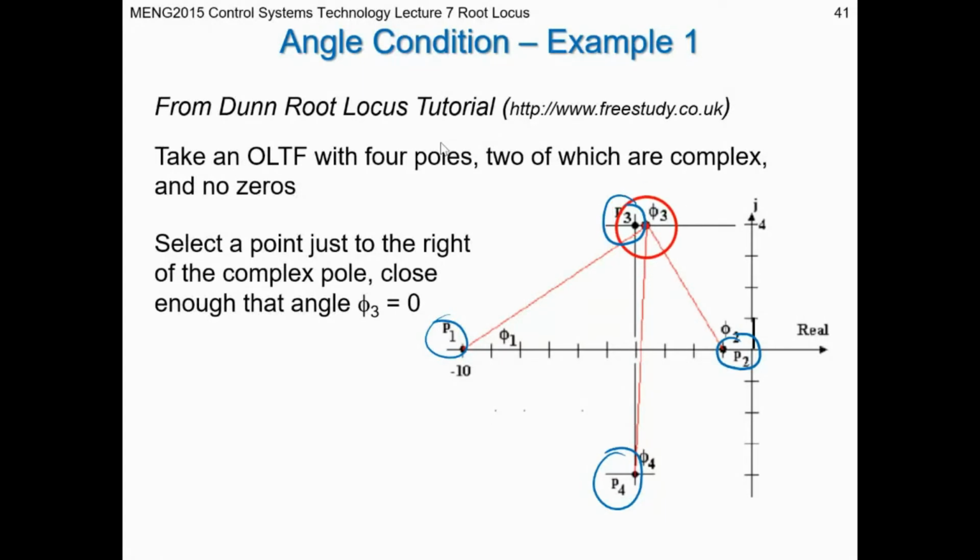So we're just infinitesimally edging out, assuming the angle is 0, and we're going to now calculate the other angles. So we're going to calculate all the ones that are circled now, P1, P2, and P4, the angle between each of those poles and that closed loop root that's just snuck out of P3 by an infinitesimal amount.